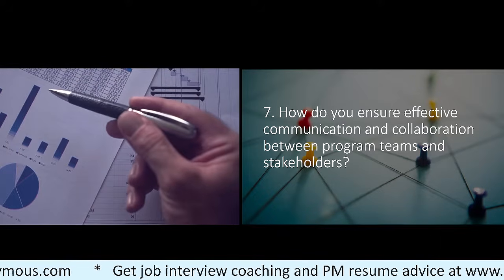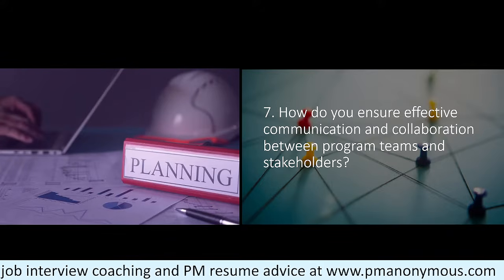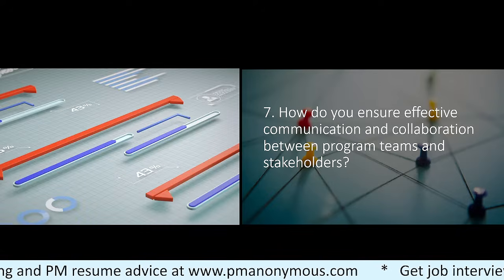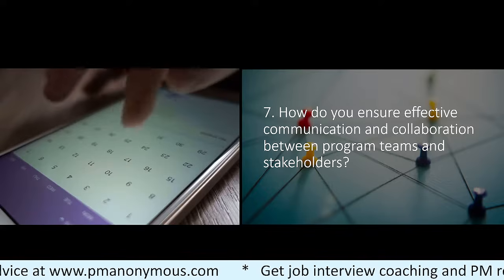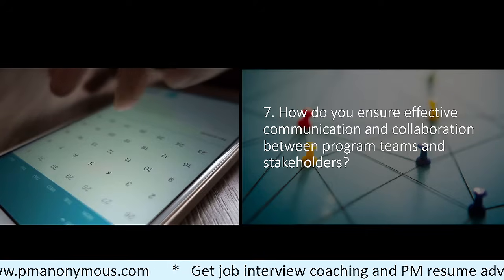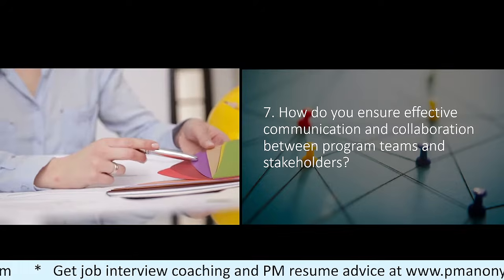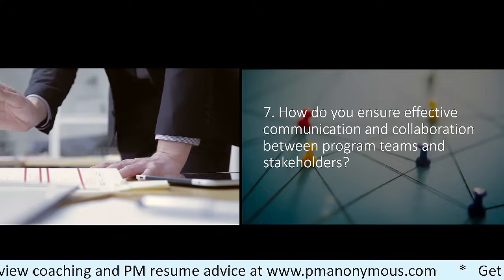I hold regular check-ins with team members and stakeholders, and I use collaboration tools such as Miro, Asana, Jira, and others to keep everyone informed and aligned. I also encourage open communication, and I actively listen to feedback, ensuring that all stakeholders have a voice in the program and can contribute to its success.